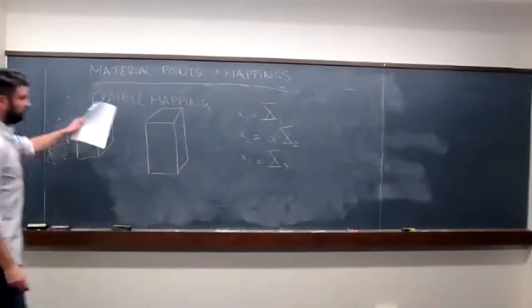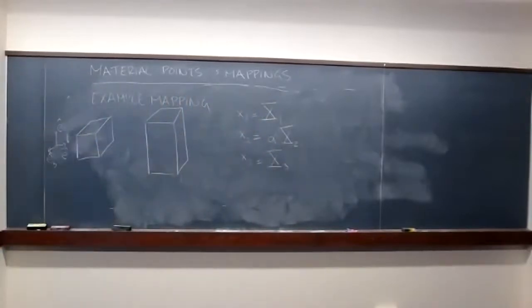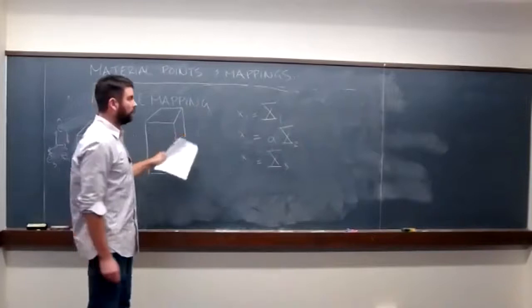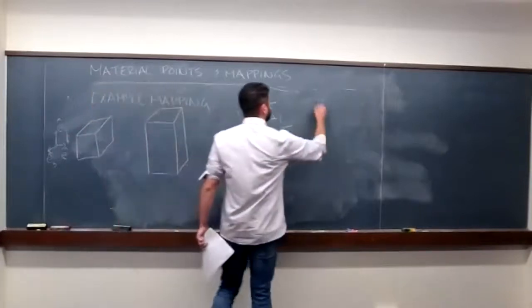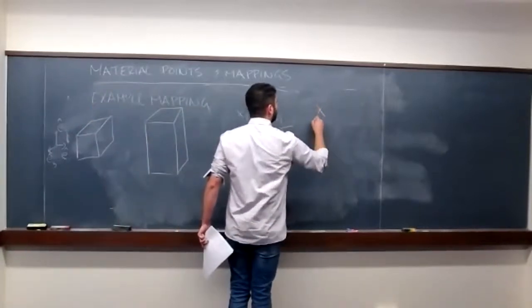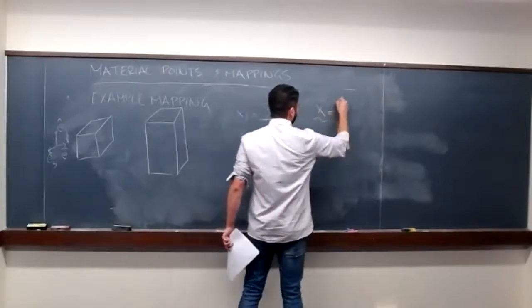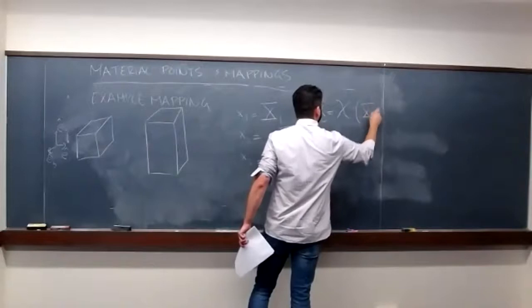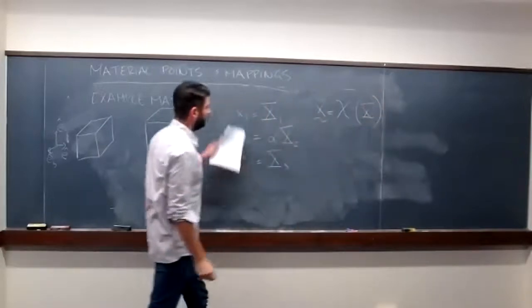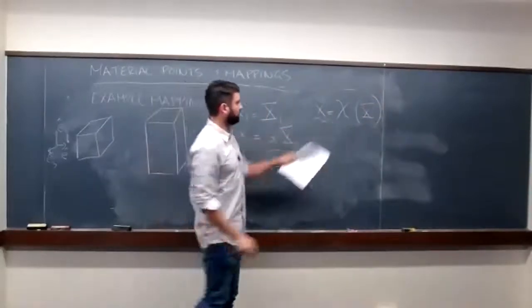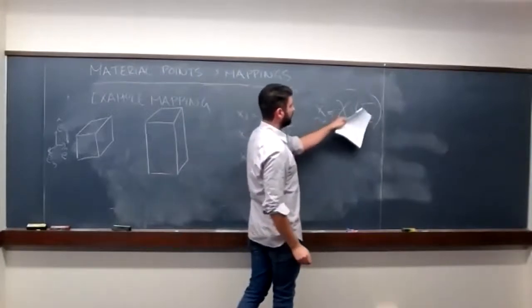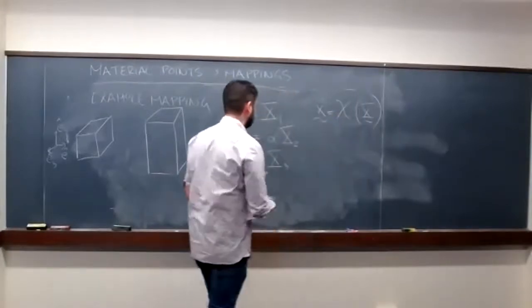So this is just a simple example of a mapping for all the material points in this body. And sometimes I think it's just easier to actually see an example rather than something abstract like this mapping, written the same way. This is a concrete example. This is just a description of chi mapping the reference coordinates into the current coordinates.